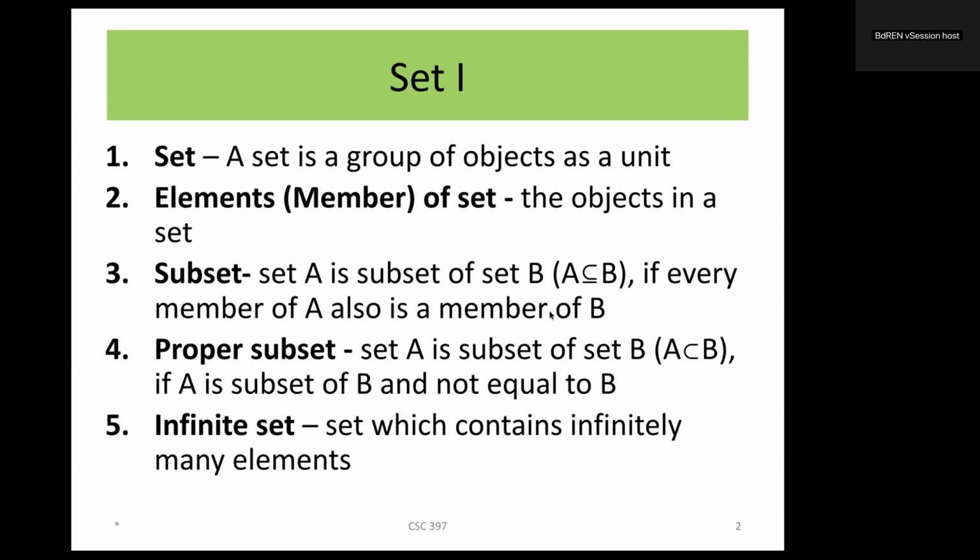Now let's talk about the proper subset. What does proper subset mean? Set A is a subset of set B, that means A subset of B, and A is not equal to B. A proper subset is a strict version.